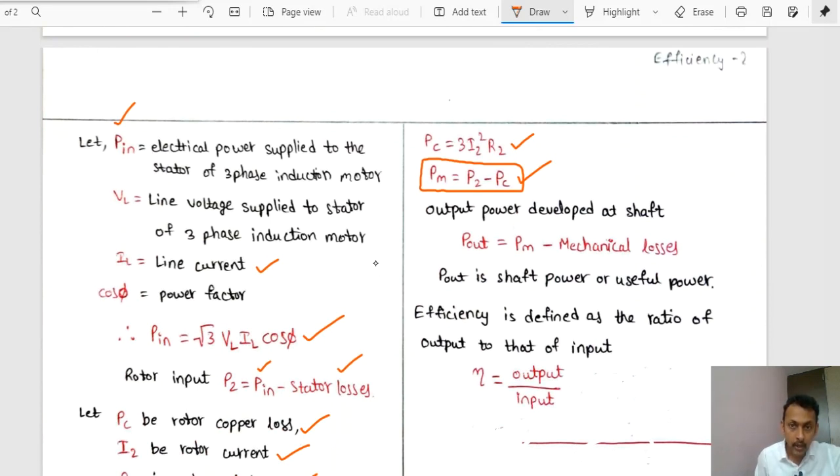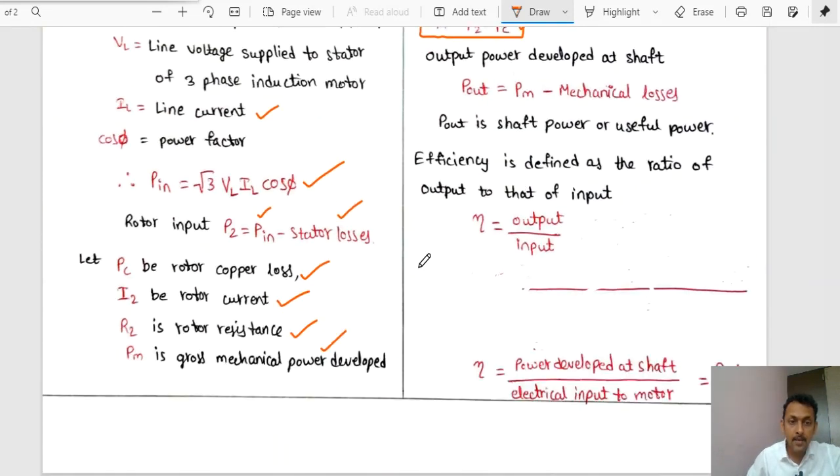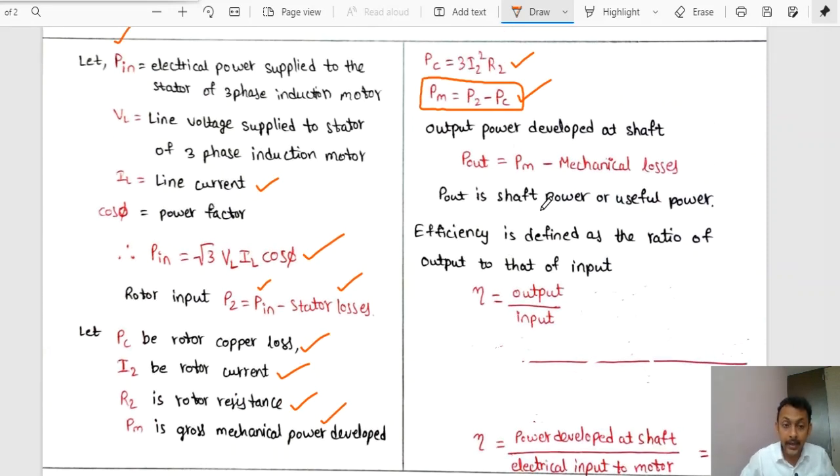Out of this rotor input, P2 minus PC, the rotor copper losses, will give you the PM value, the gross mechanical power developed. But that entire gross mechanical power developed will not be available at the shaft. From this PM, again we have to subtract the mechanical losses. That will be our final output.